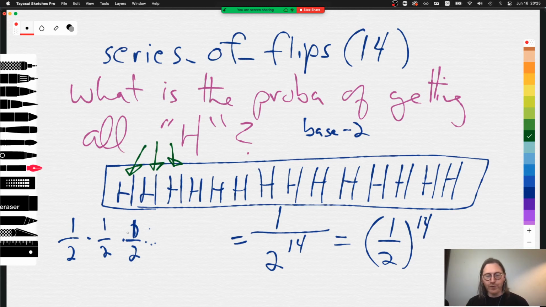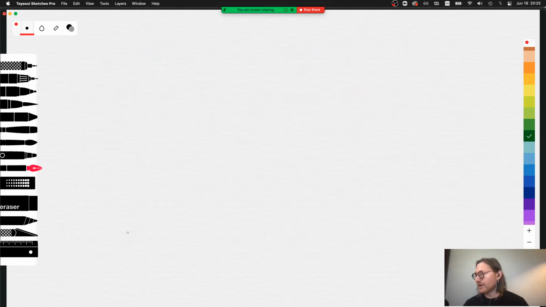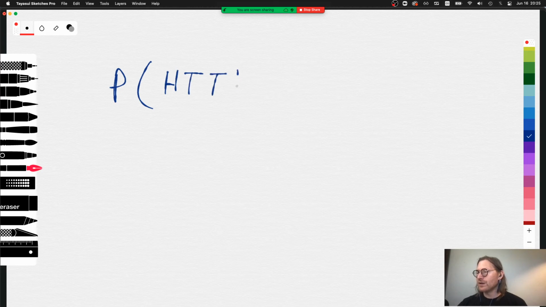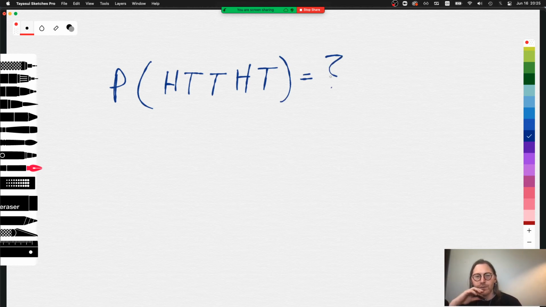We could take this further and ask the question, what is the probability of getting this sequence: heads, tails, tails, heads, tails? What is the probability of that?